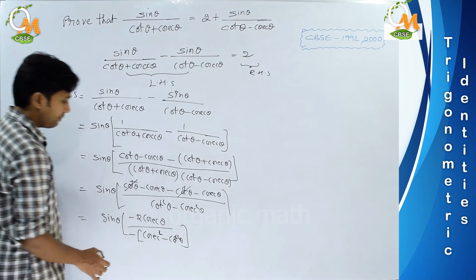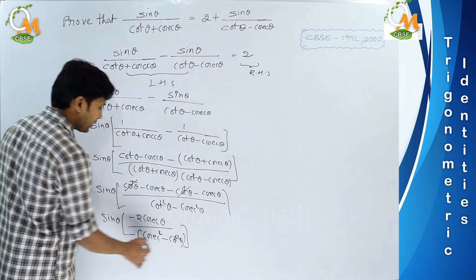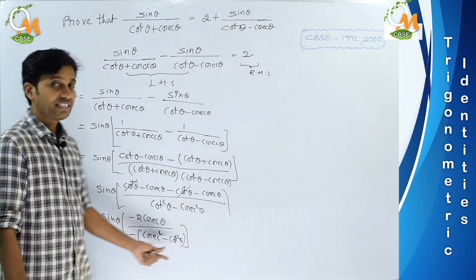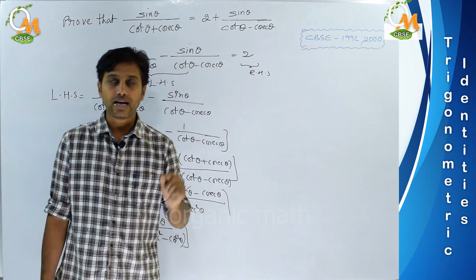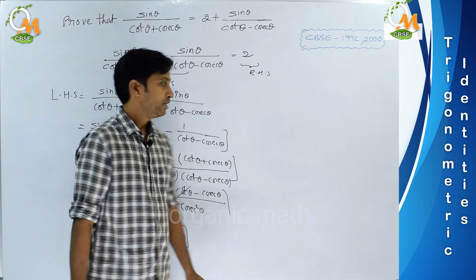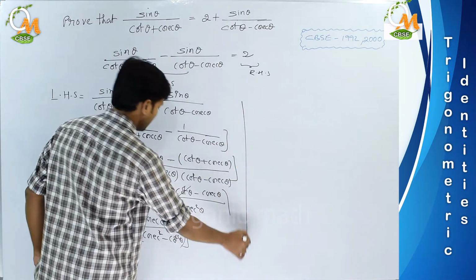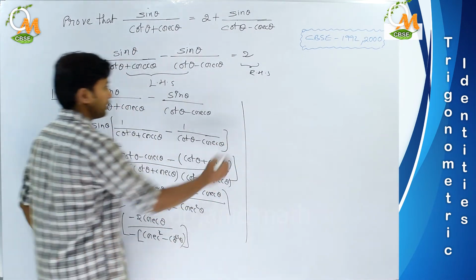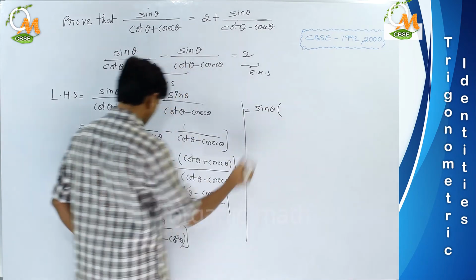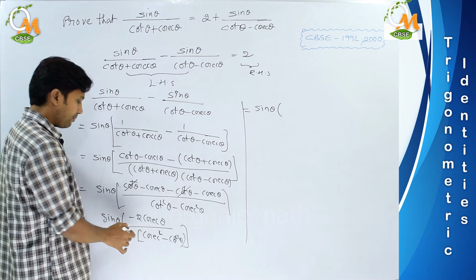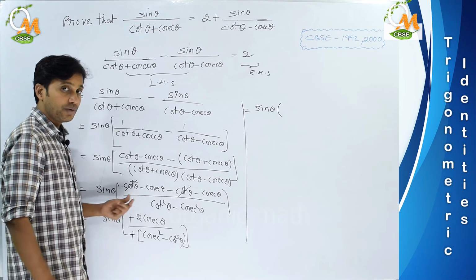Now tell me, what about this expression value? Cosecant square theta minus cot square theta equals 1, or not? It's the third identity of trigonometry. So here, the minus symbol can be cancelled in both numerator and denominator.